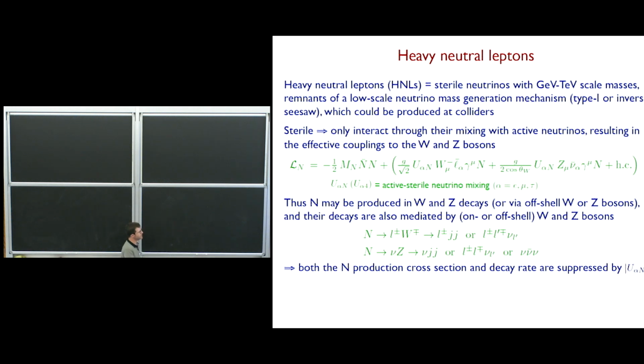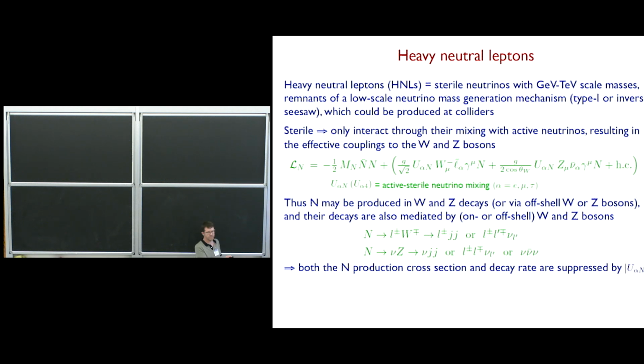Normally the W would couple a charged lepton of flavor alpha to a light neutrino of flavor alpha. But since the light neutrino of flavor alpha mixes with N, the heavy neutral lepton, with mixing U alpha N, you get this vertex between the W, the charged lepton and the heavy neutral lepton, which is weighted by U alpha N.